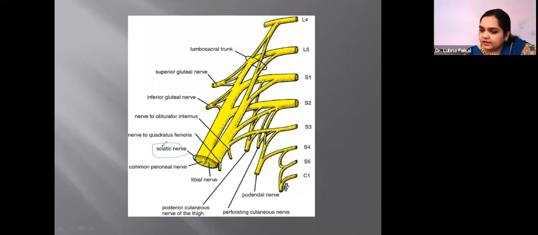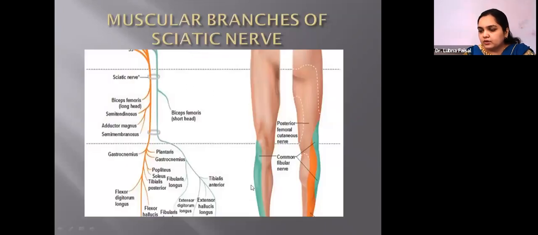It also supplies muscles of the posterior compartment of the thigh. Then it goes down through the greater sciatic foramen, and it lies on the ischium, between the ischial tuberosity and the ischial spine. Then it supplies the muscles of the posterior compartment as well, that is the semimembranosus and semitendinosus. These are the important muscles supplied by the sciatic nerve.